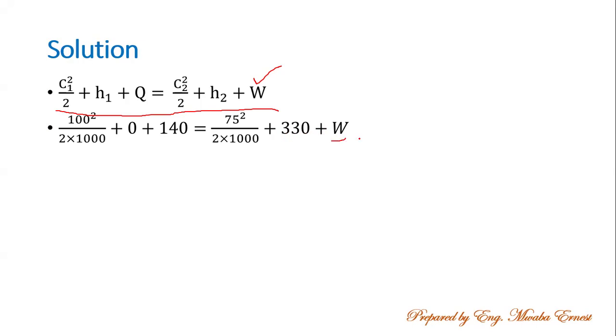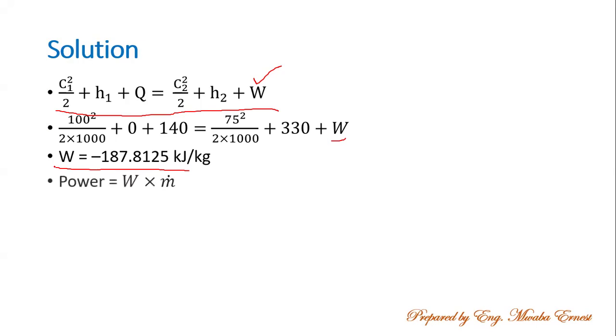So here, our task is simply to make work the subject. When we make work the subject, you will notice that it will take us to finding this one. Unfortunately, this time around, our work is negative, which is very normal. The question was asking for power, so we cannot end here. We push up the last part.